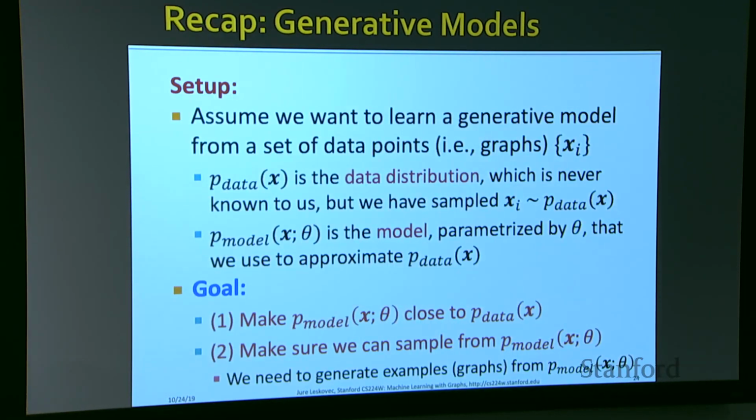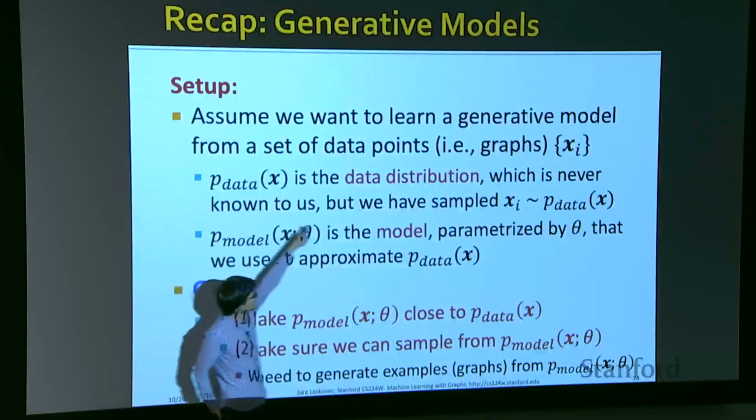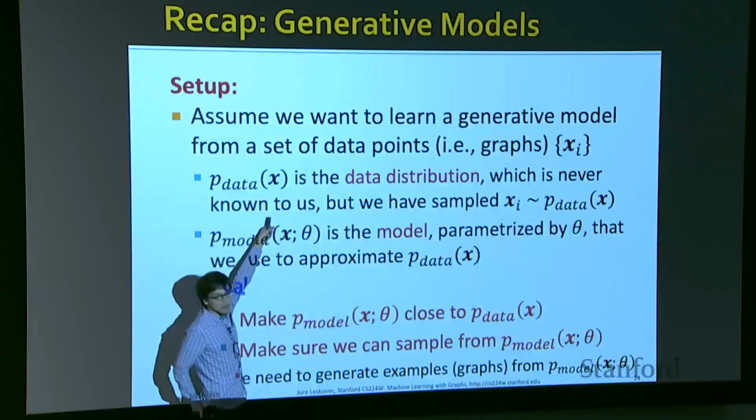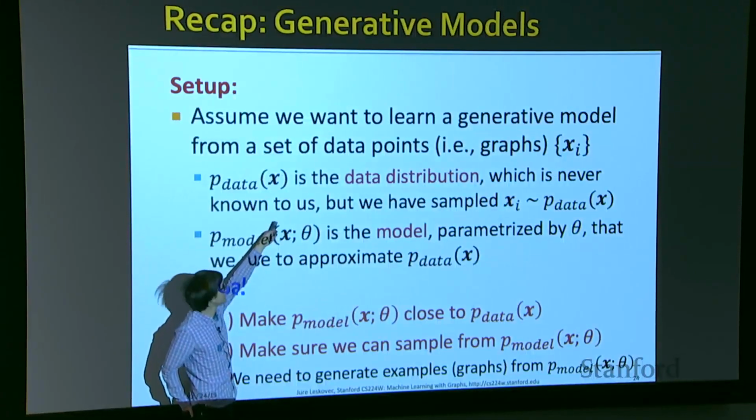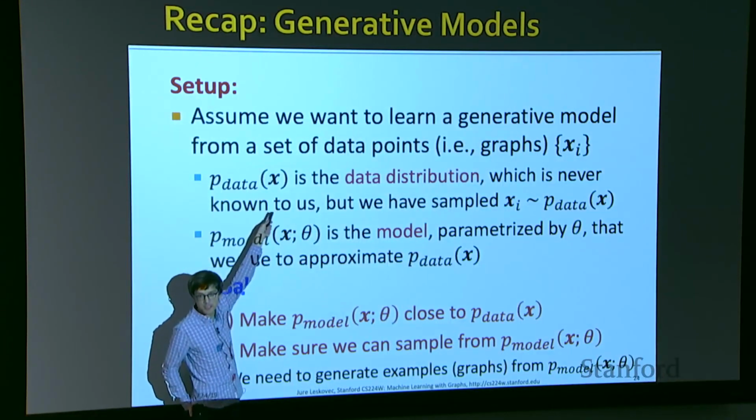The setup is that assume we want to learn a generative model from a set of data points, or a set of observations. And in our case, observations are entire graphs. Okay. And we will have this P data, which will be the data distribution, which is never known to us, right? This is, you know, kind of what God has in his head, right?